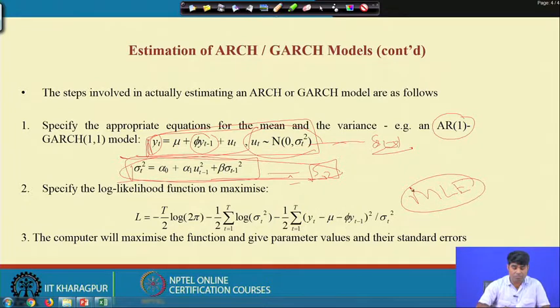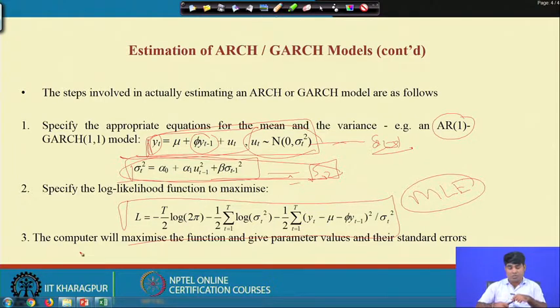The general framework of maximum likelihood estimation is like this: it starts with L equal to minus T by 2 log 2 pi, which follows the normal density function, minus 1 by 2 sum of log sigma square, and minus 1 by 2 sum of (y minus mu minus psi u t) square by sigma square.